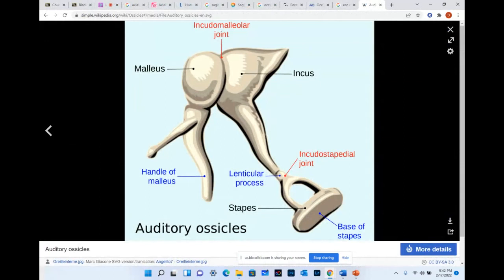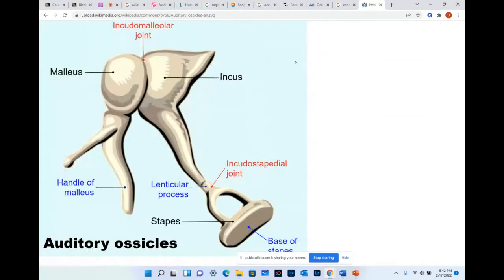This is ear ossicle. This is malleus, which is attached right here. The malleus is basically right here, attached to the tympanic membrane. And then this malleus is attached to the incus.